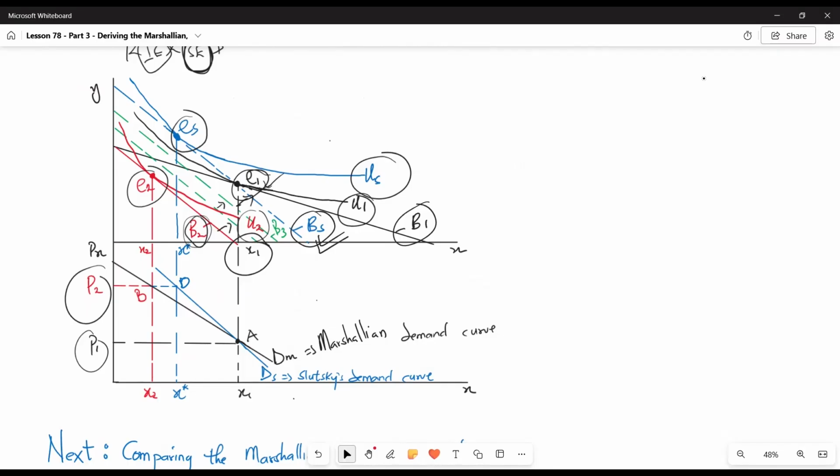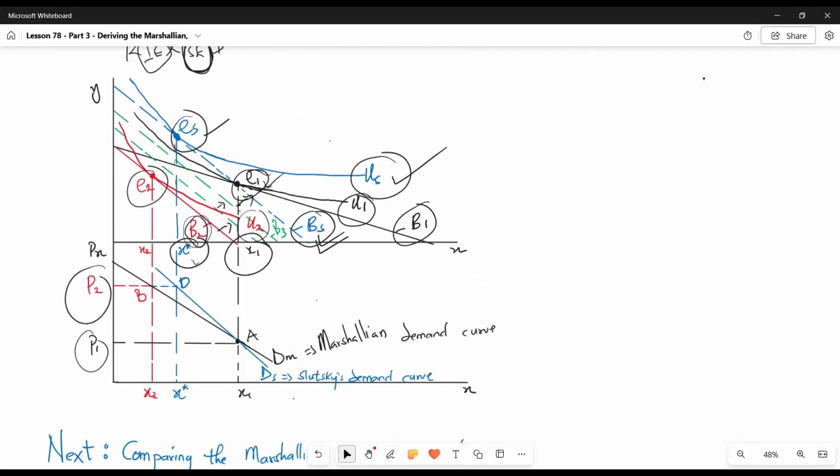So it lies on a higher indifference curve US. The level of demand associated with this new equilibrium point ES is X star. So if we trace this down, we have X star.